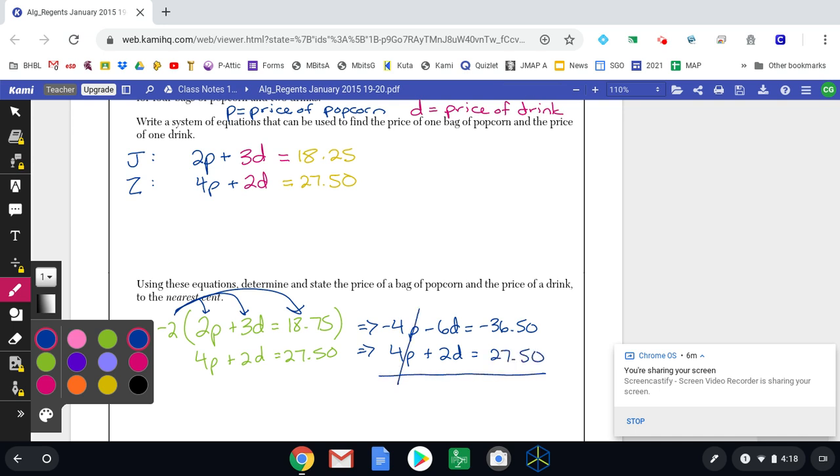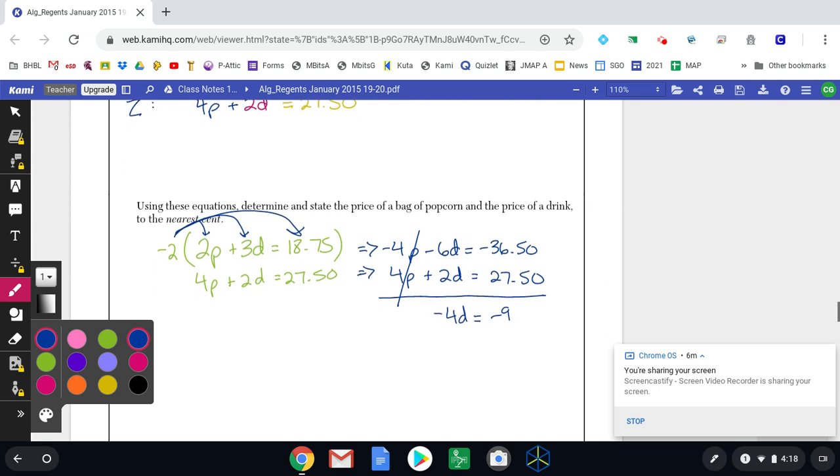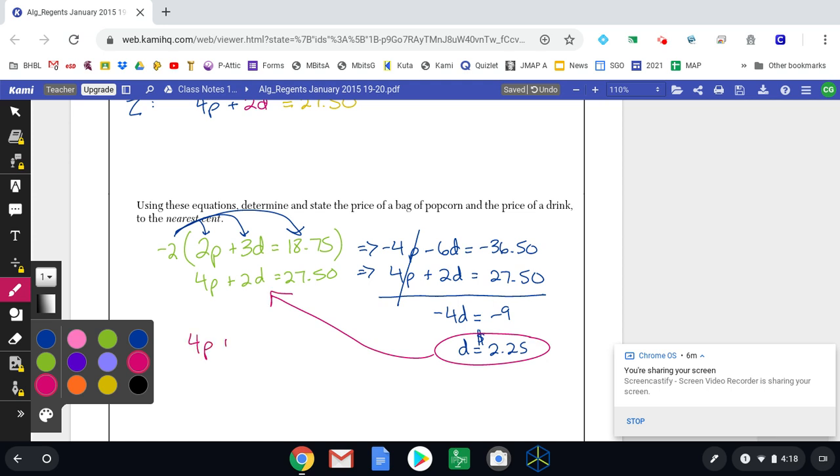Now, when I add these equations together, I now have a negative 4d equals negative 9. And when I solve that, I end up getting $2.25. So my drinks must be $2.25. Now, I can take that $2.25 and I can plug it back in to my equation. So 4p plus 2 times 225 is 2750.